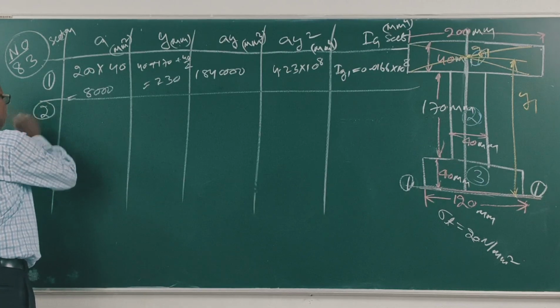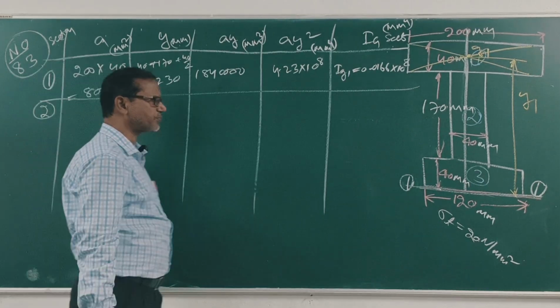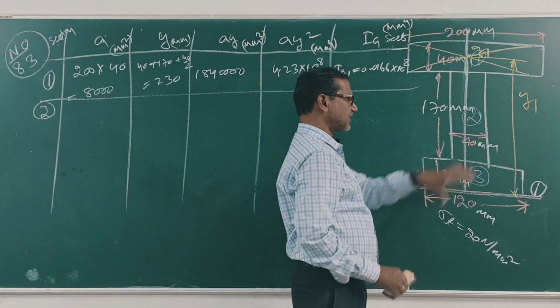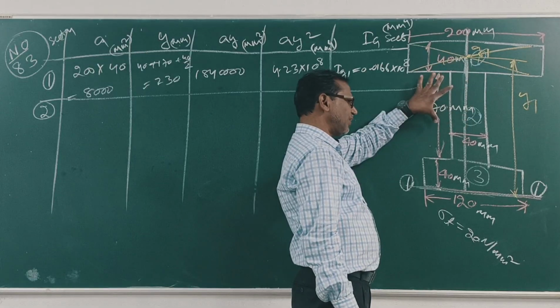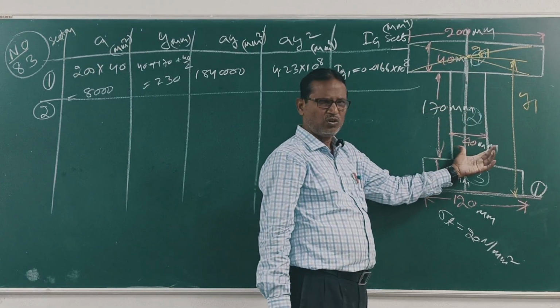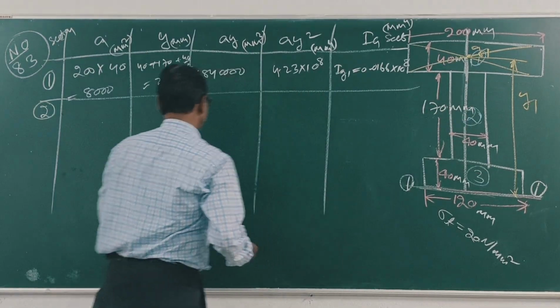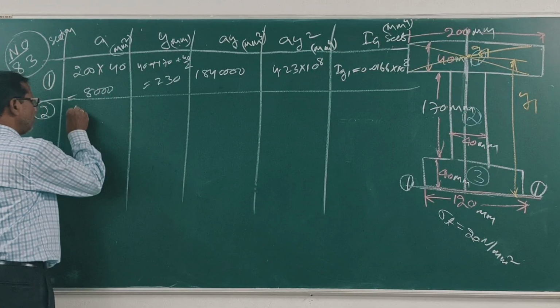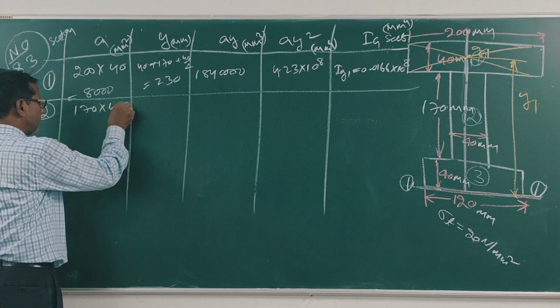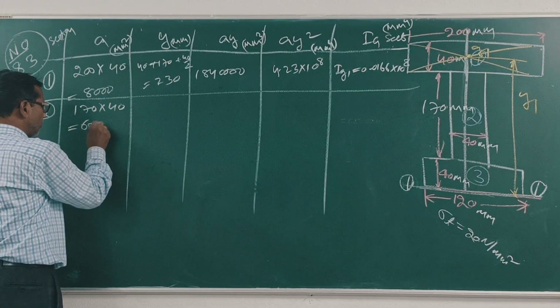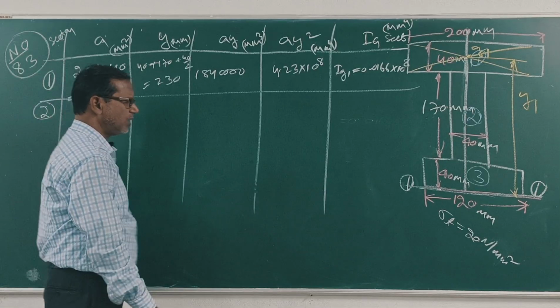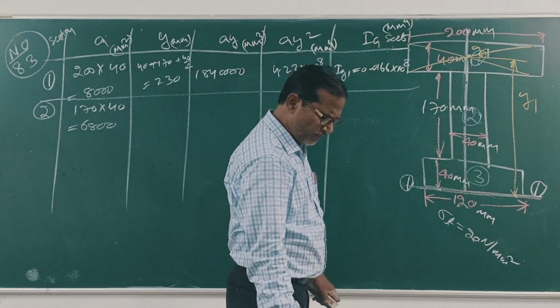Next, section 2. This section 2, what is the area? 170 into 40, which is 6800 mm square.